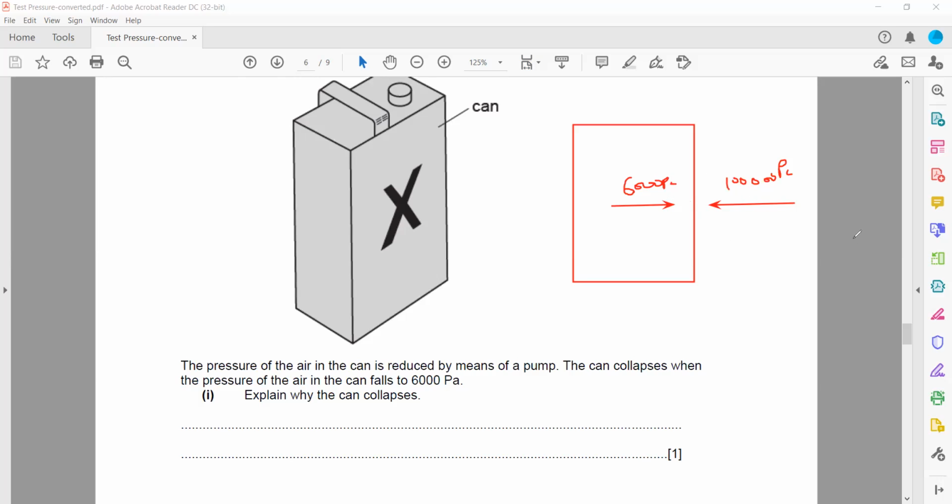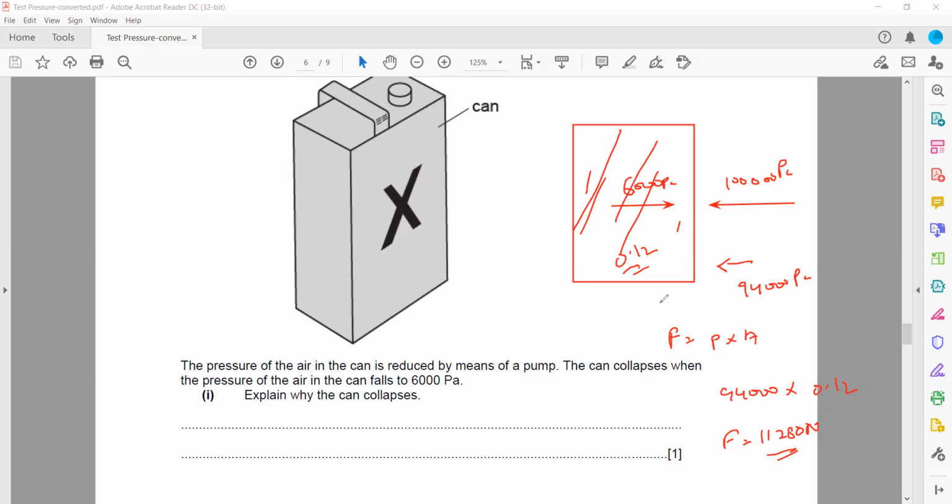So what is the result of these two pressures? The result will be 94,000 Pascal. And the total area is given as 0.12. So force is pressure multiplied by area. The resulting pressure is 94,000 and the area is 0.12, so when we multiply, it will be 11,280 newtons.